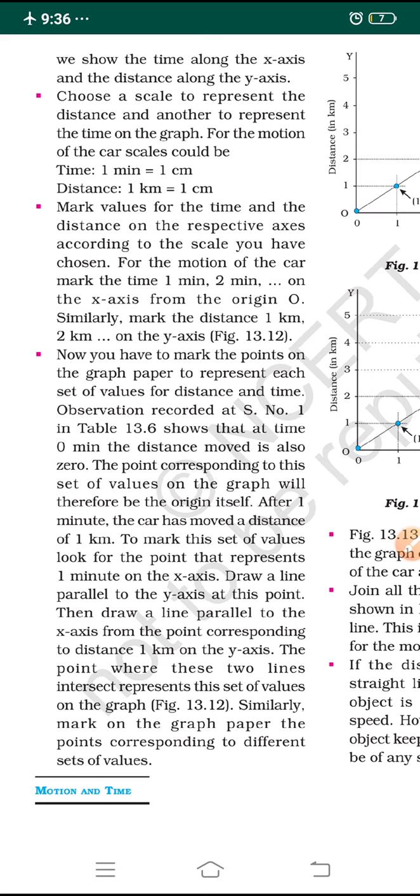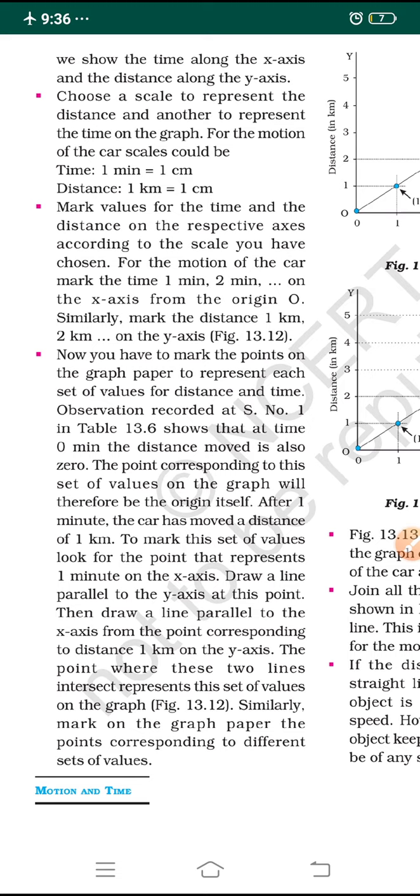In the initial stage, the time is 0 minutes and the distance moved by the car is also 0. That is why the point corresponding to this set of values should be represented at the origin itself, that is 0, 0.